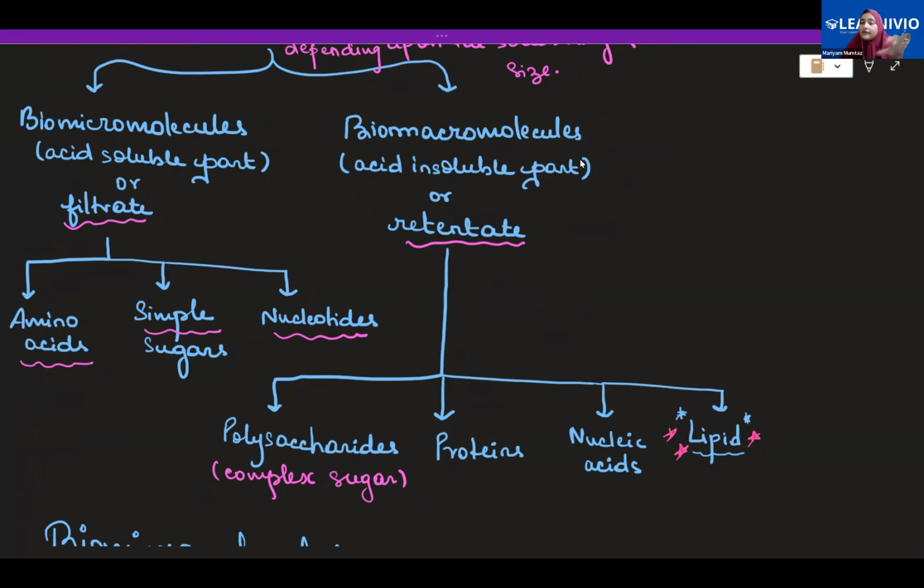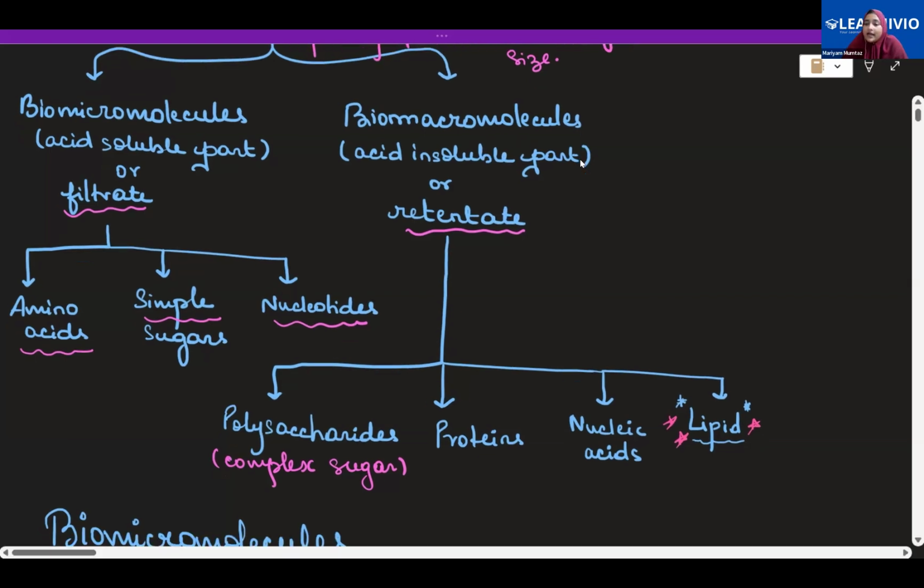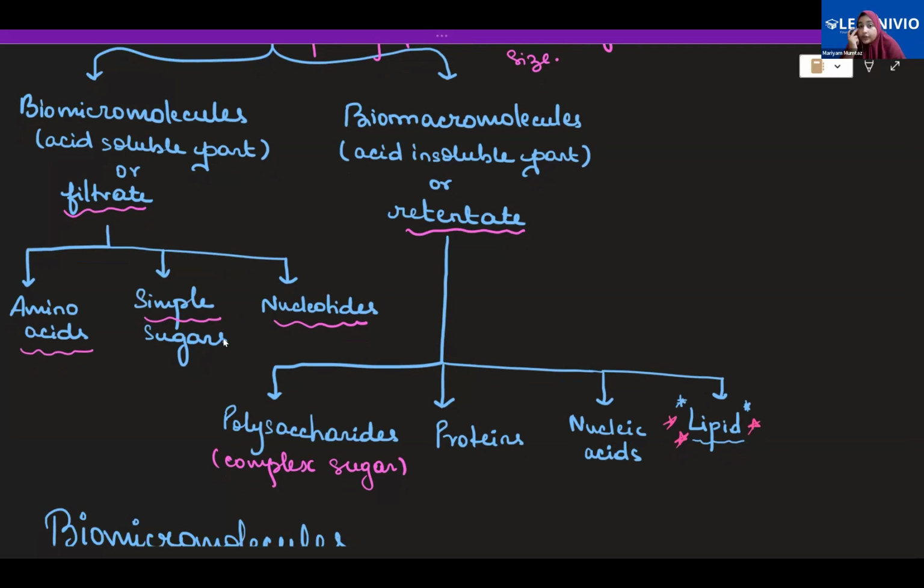These are the molecules that are found in us living organisms and we have to study each one of their constituents. So this chapter contains a little bit of chemistry, a very tiny bit, basics of chemistry in it. So amongst the biomicromolecules, we have amino acids, simple sugars, and nucleotides.